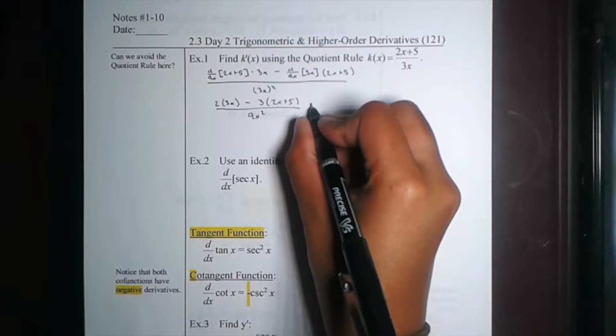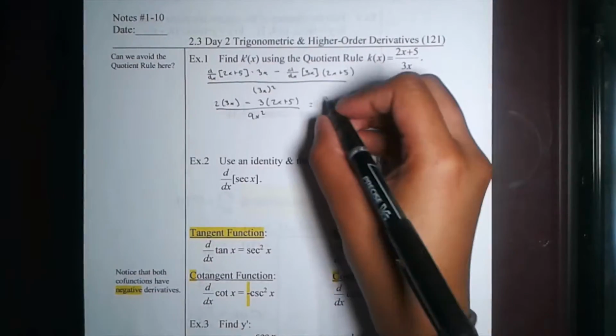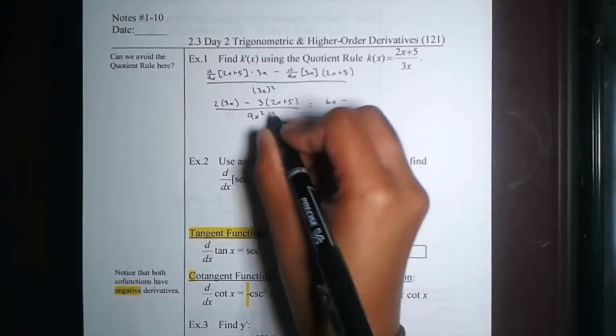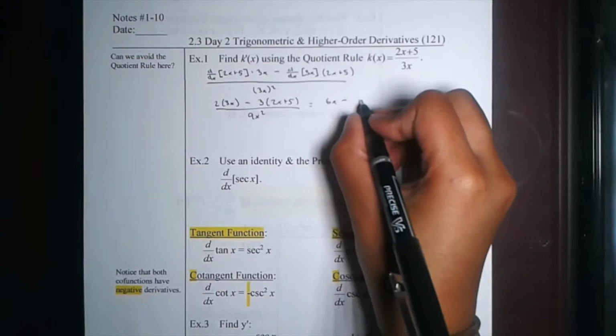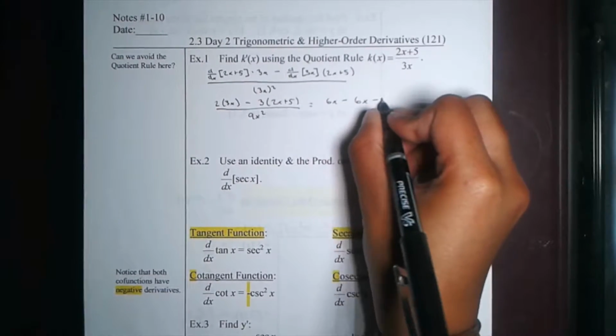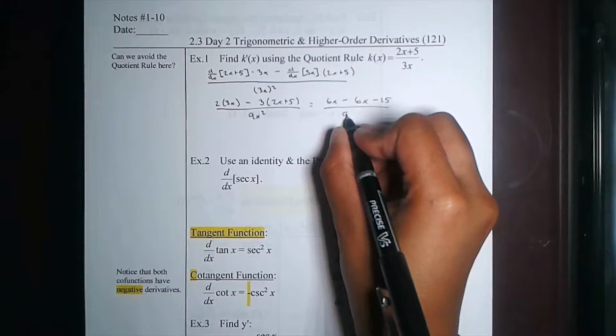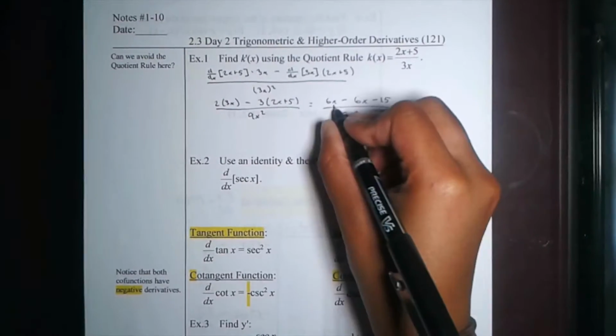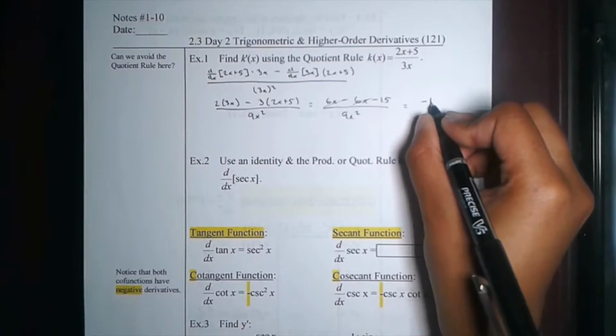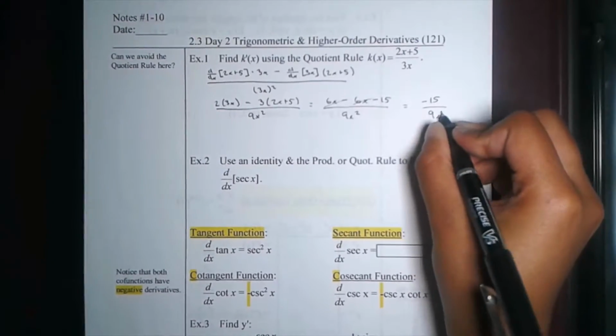And then you just simplify. 2 times 3x, 6x, minus, distribute, so minus 6x minus 15, all over 9x squared. 6x's cancel, so you have negative 15 over 9x squared.